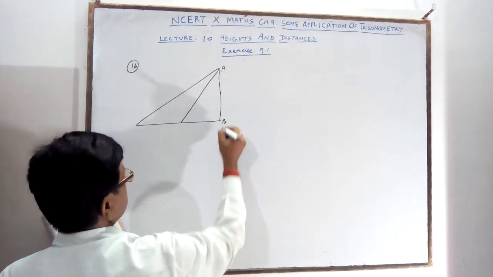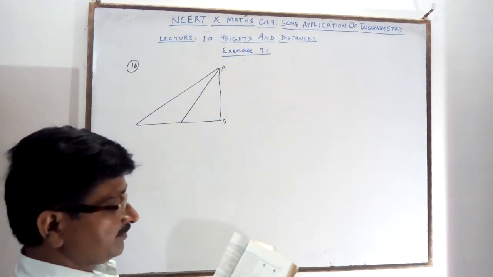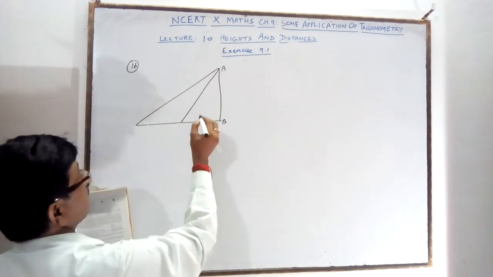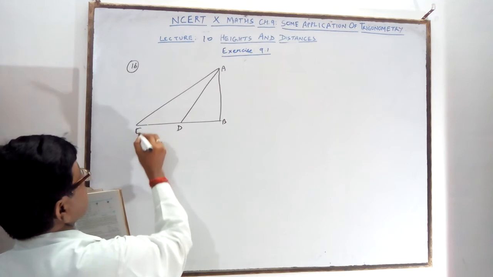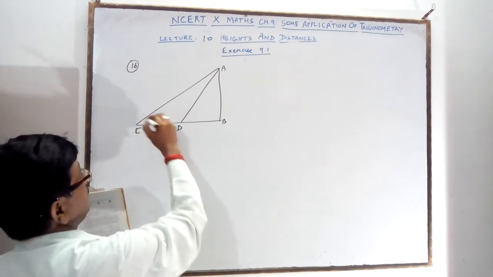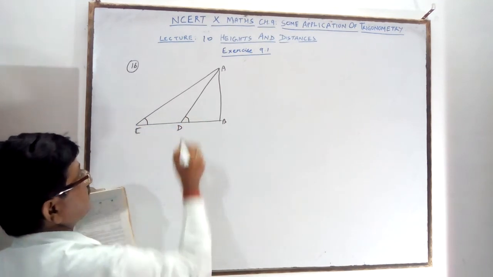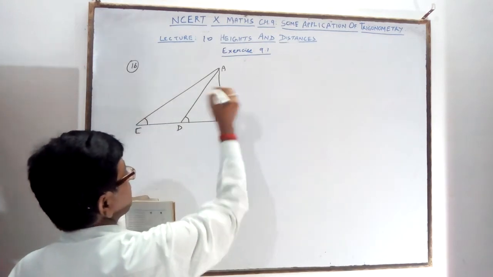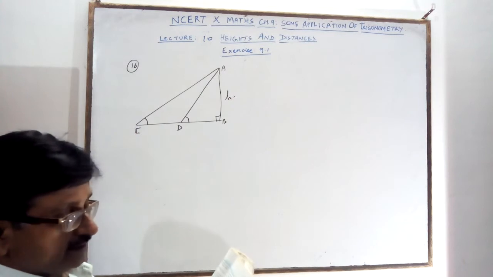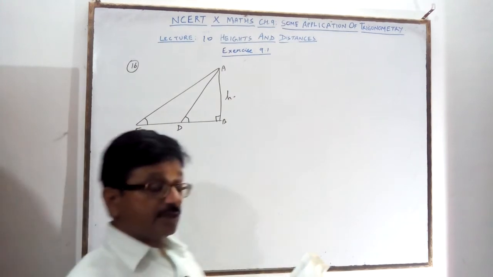AB is a tower. Sometimes point names are given; here the names are not given. P, A, B, C and D are the points. The angles of elevation they make with the tower, whose height is h, are complementary.